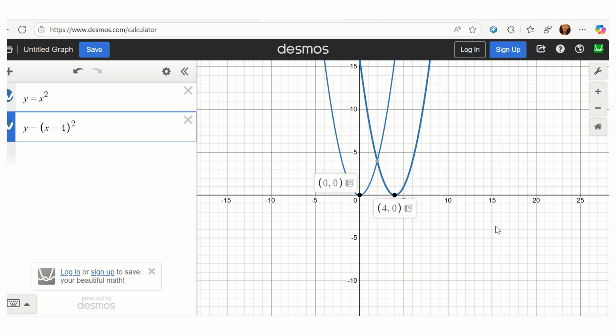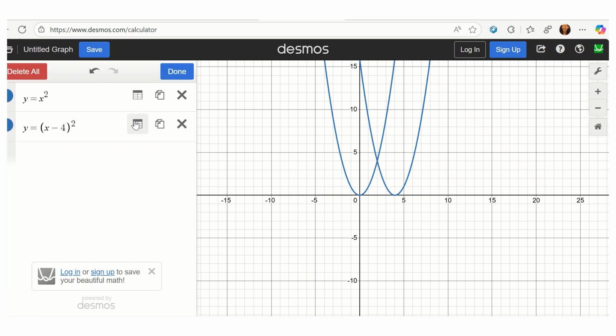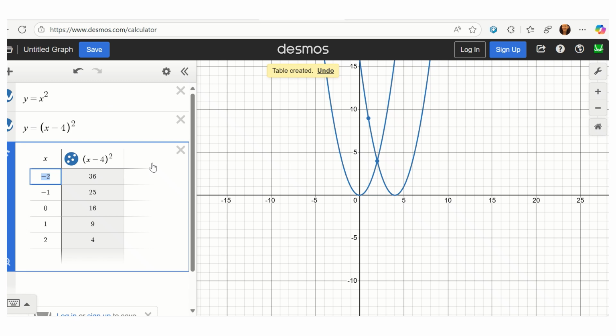If you recall back to a previous lesson, we graphed a parabola by plotting all the points. And we could do that this way. In fact, if I click on that and I click up here, I can click on create the table.